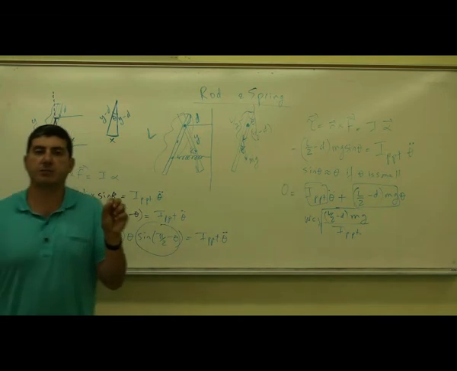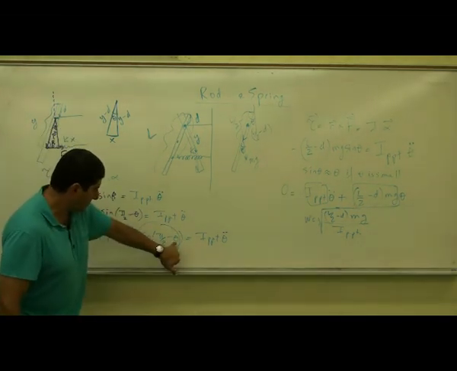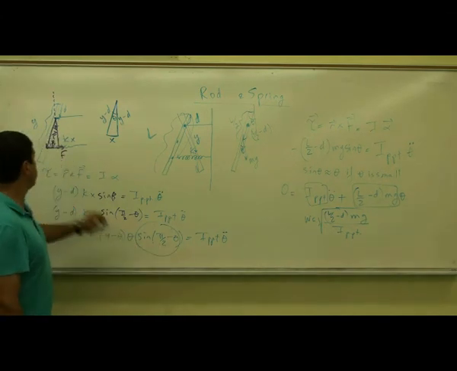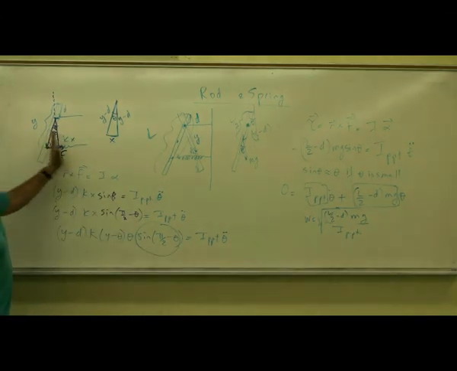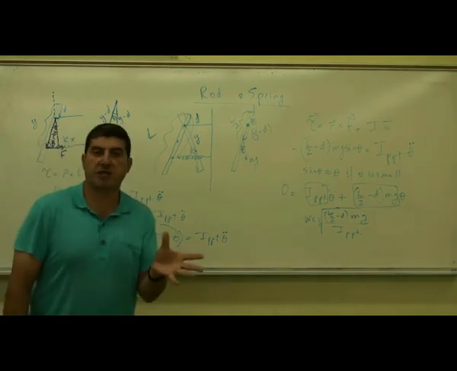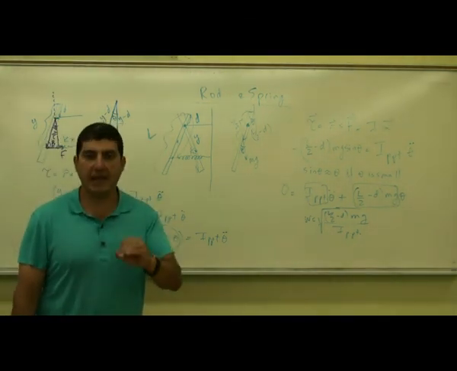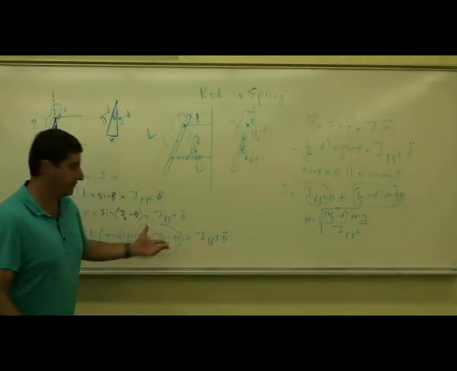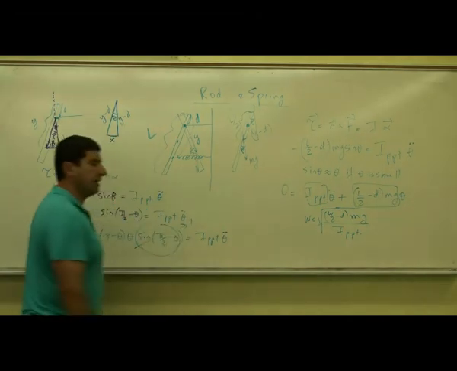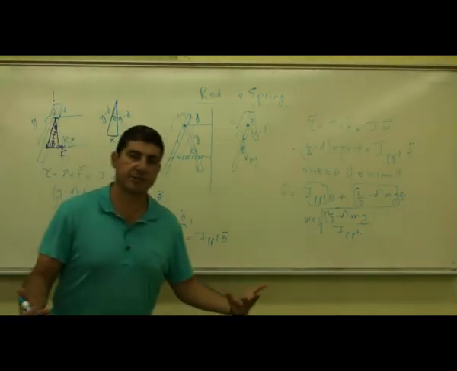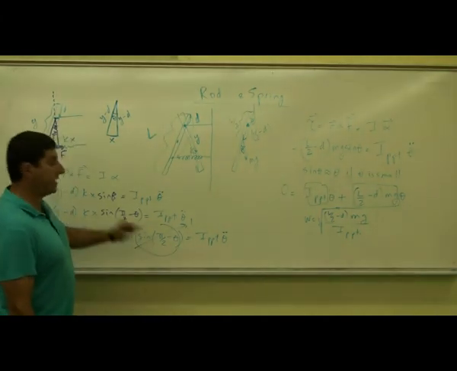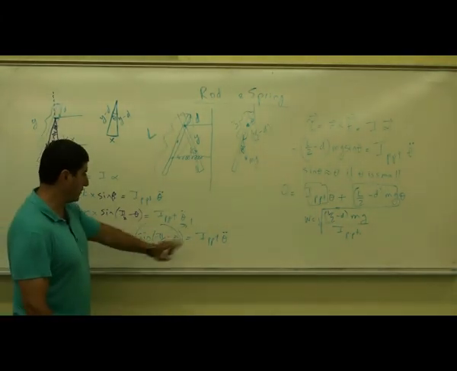As this angle is small, this whole angle approaches pi over 2, right? That means for small oscillations, the angle beta is approximately pi over 2. And that means sine of the angle is approximately equal to what? 1. So the small angle approximation makes this problem a lot quicker and a lot more doable.